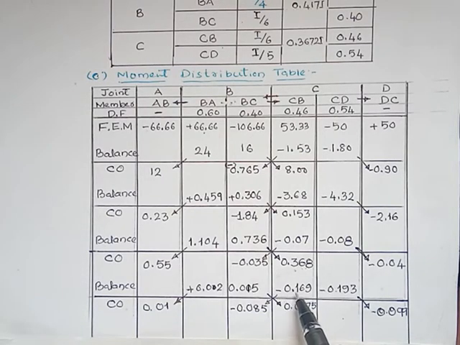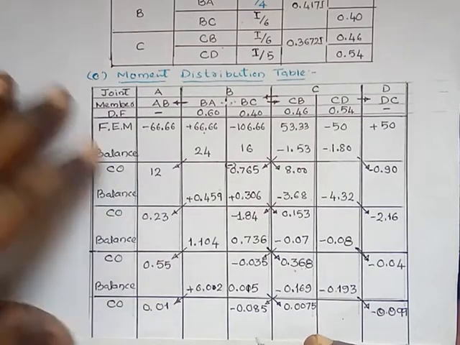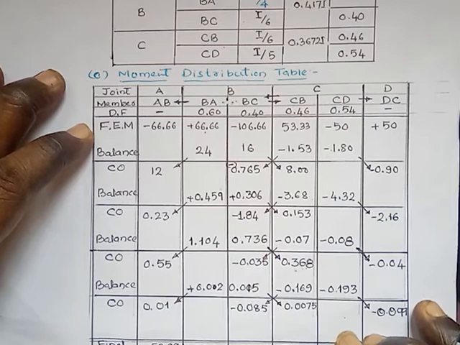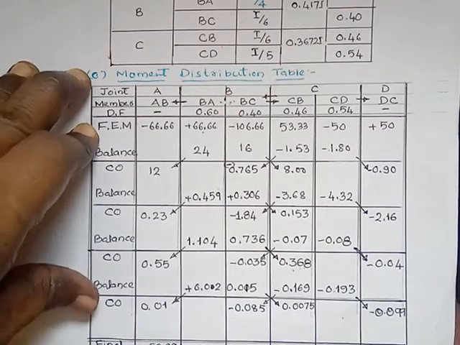Then minus 0.169 is the moment at C. Half of this is carried from C to B, that is minus 0.085. Then from C to D, 50% of this moment is carried, that is minus half into 0.193, that is minus 0.099. Here the values are very, very small. Now we can close this for this cycle.